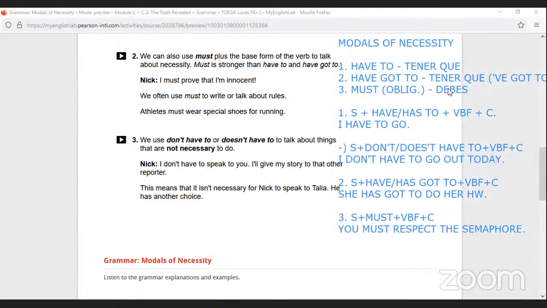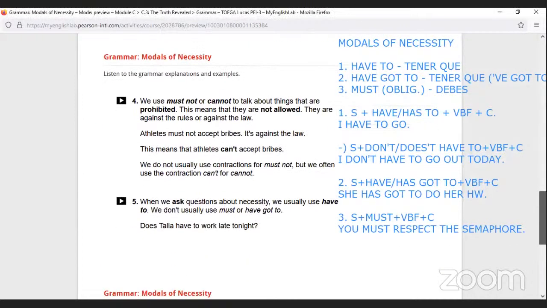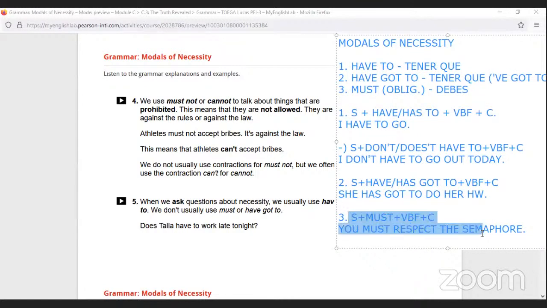But what happens when we want to show that something is impossible, that something is prohibited? We will use the third one, with must, okay? So in this case, if I use negative for must, object must not, verb in base form, complement, I am saying that something is prohibited, okay?